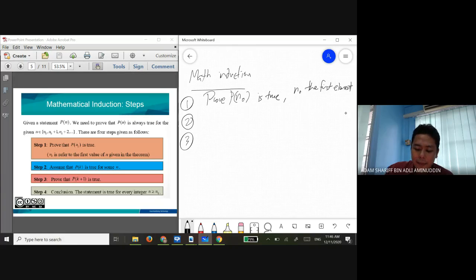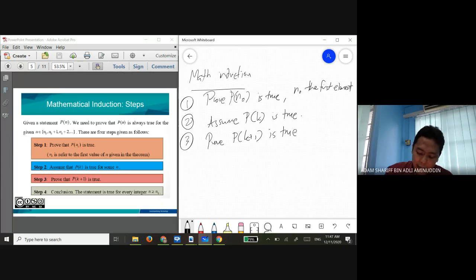The second step, you assume, not prove, assume that P(k) is true, and the last one you need to prove P(k plus 1) is true.